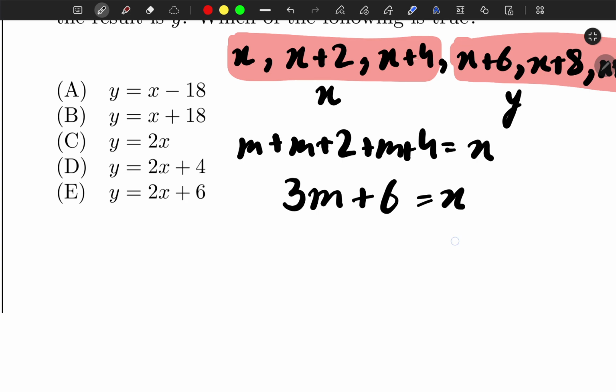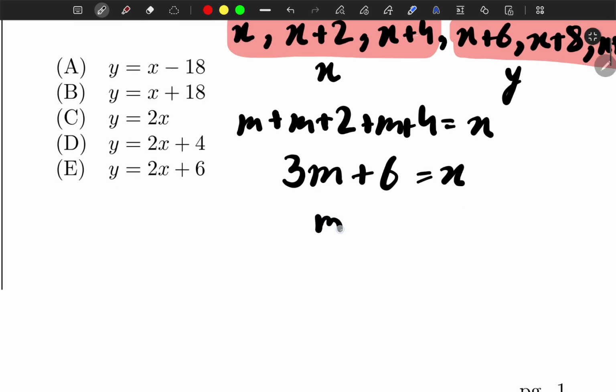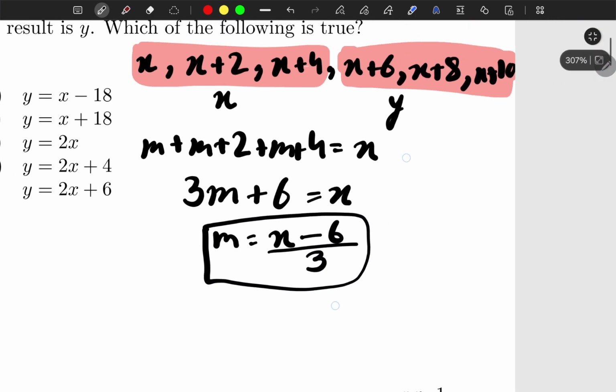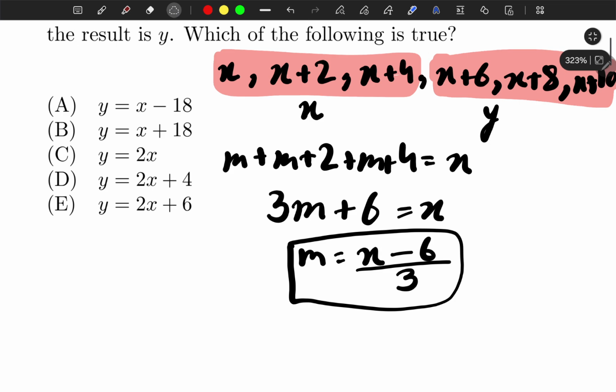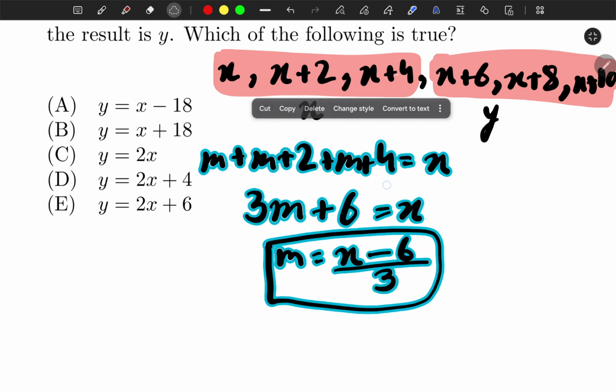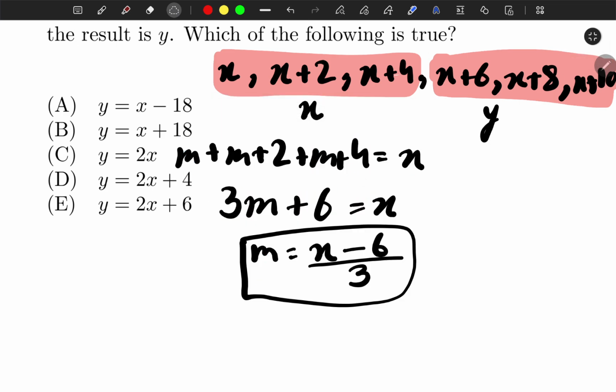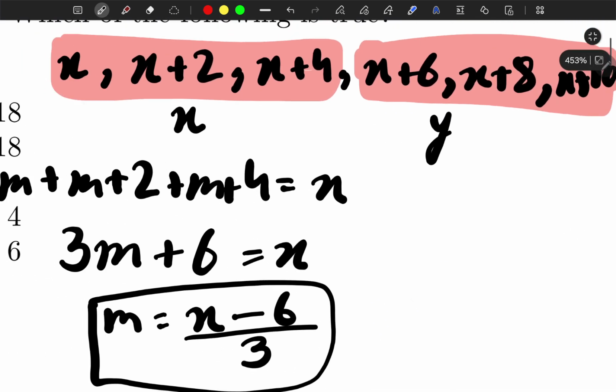We'll write it in terms of m. So in terms of m, it's going to be x minus 6 over 3. This is going to be our first relation. And we'll do the same thing for y, which should be quite simple as well.